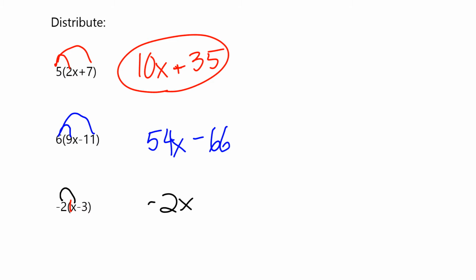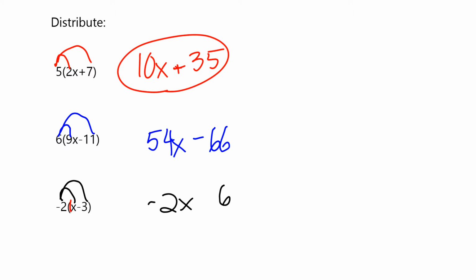Naturally, negative 2 is what should go here because negative 2 times 1 is negative 2. Then negative 2 times that 3. Well, 2 times 3 is 6.